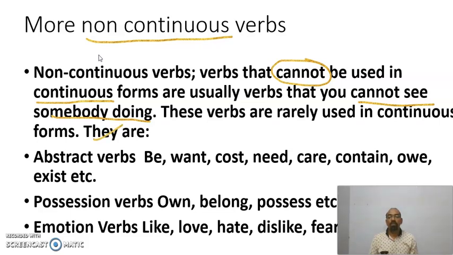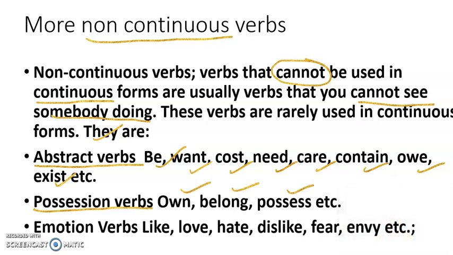They are abstract verbs: be, want, cost, need, care, contain, owe, exist, etc. Then possession verbs: own, belong, possess, etc. Then emotion verbs like love, hate, dislike.